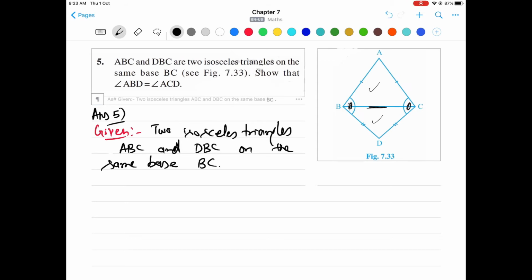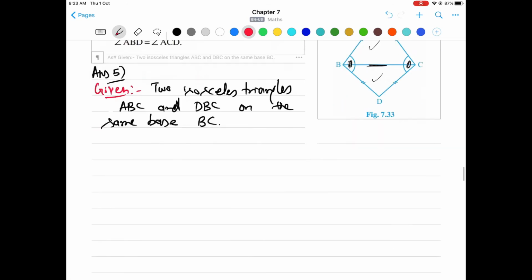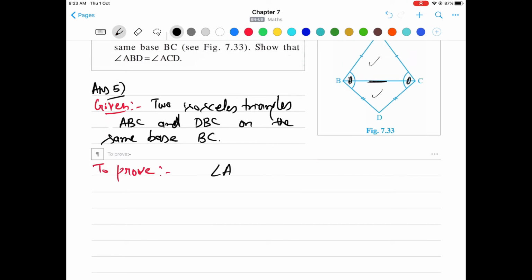The common base here is BC. We have to prove one thing: to prove that angle ABD is equal to angle ACD. Okay, it's also very simple. Let's start its proof.